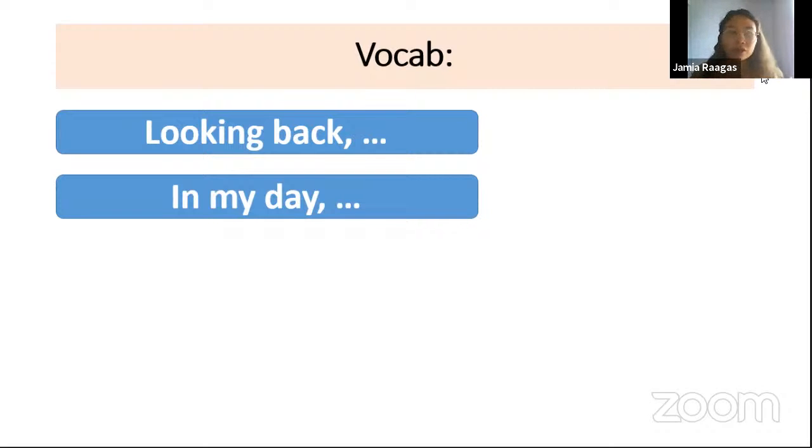When I say looking back, I'm talking about my opinion about my past experience, which is for me, my high school days are the worst. But for others, if they look back at their high school moments, they will say it's the best. So when we use looking back, you have to talk about your past experience and say your opinion about that past experience.